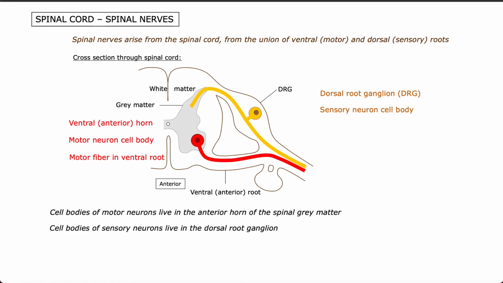If any information has reached my higher centers, immediately a decision is taken and the motor fibers are directed to act, and with their action the nerves are activated, they create movements at different joints, and we perform different actions. Are we good so far?